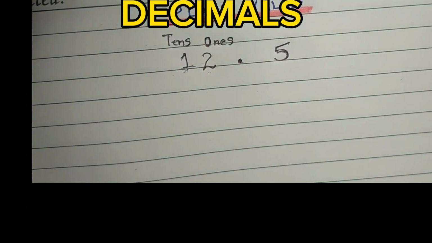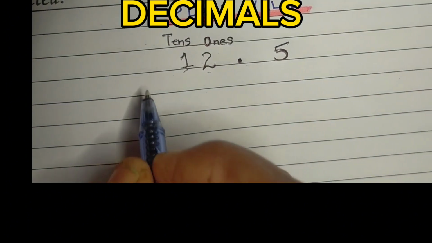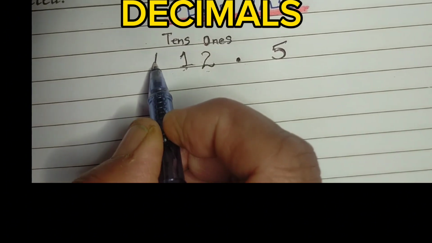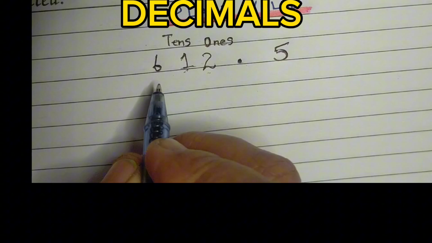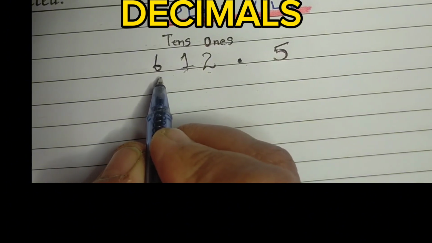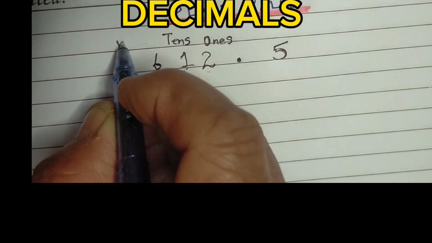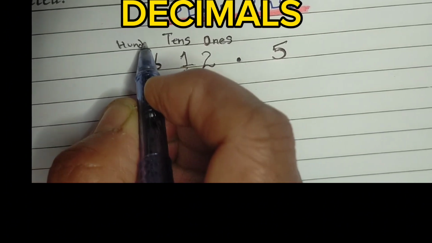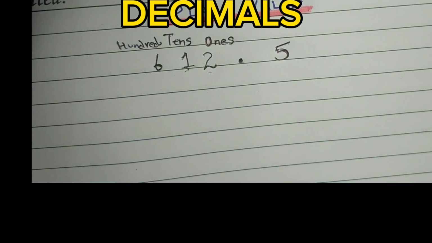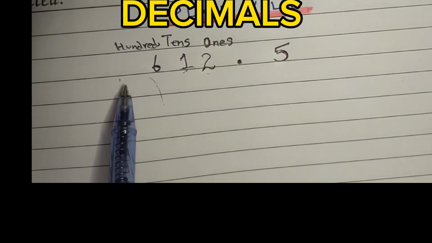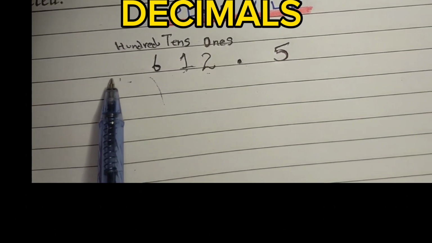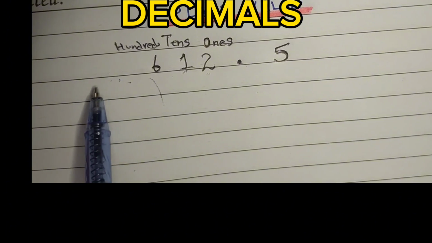But let's suppose I add another digit to it, let's make the digit 6. What do you call the third digit? This is your hundredths. But if I keep adding more digits, then it will become 1,000, then 10,000, then 100,000, and so on.